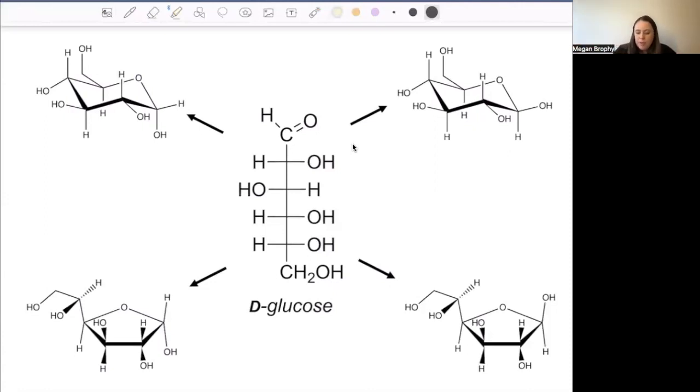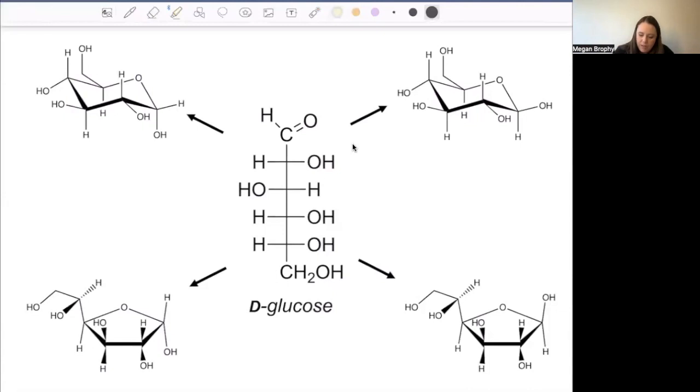Okay. So from D-glucose, we can make 4 different ring structures. I hope that one of the trends you're seeing at this point is that sugars have a lot of structural complexity. Earlier we saw those different hexoses. They're all isomers of each other. That was just 4 examples: D-glucose, D-galactose, D-mannose, and D-fructose. And now we're seeing more structural forms and isomers that can form.